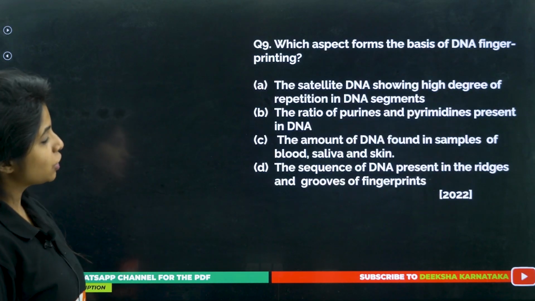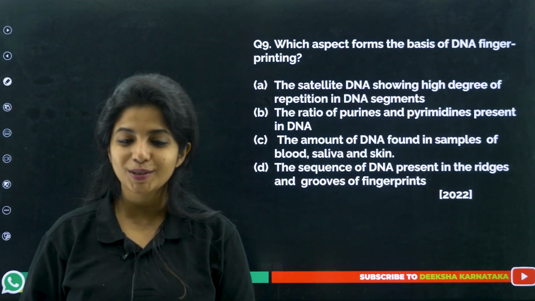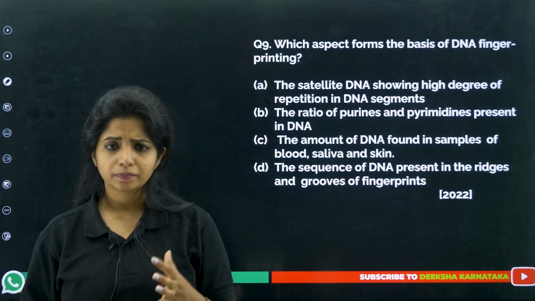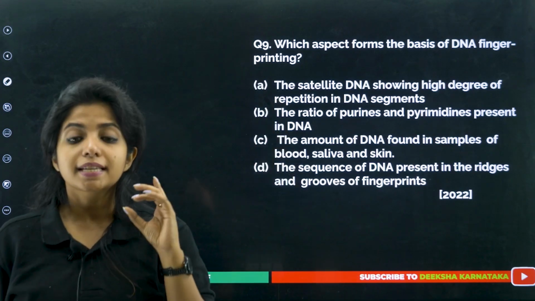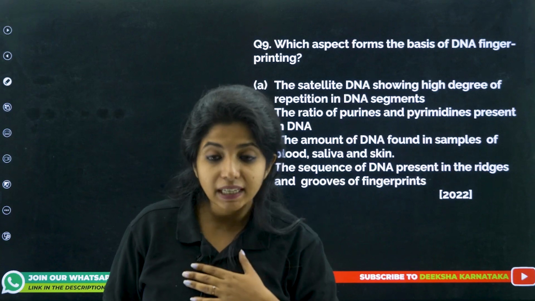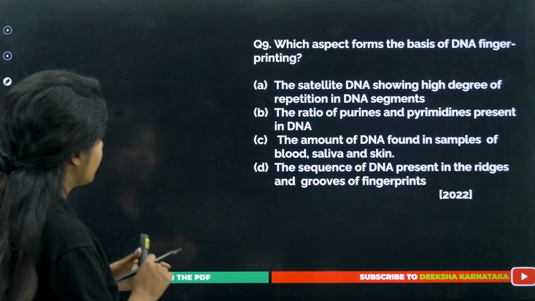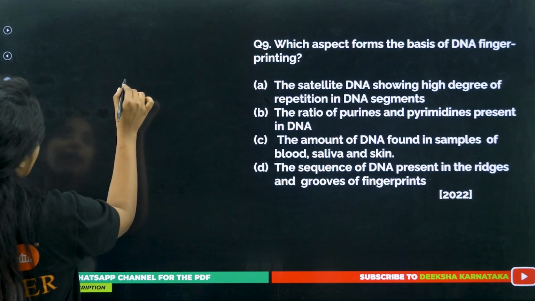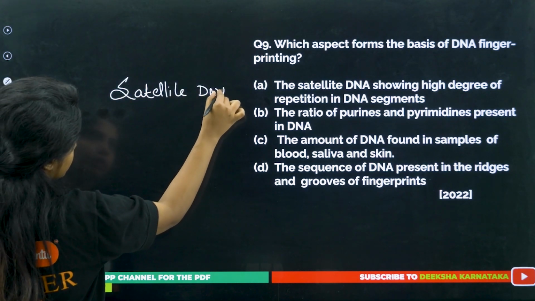Question number 9. Which aspects form the basis of DNA fingerprinting? DNA fingerprinting basically means that just like we have different and unique fingerprints, similarly our DNA is also kind of unique. My DNA is kind of different from yours because I have something different, and that something is known as satellite DNA.